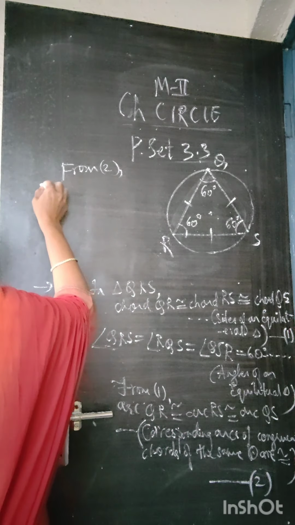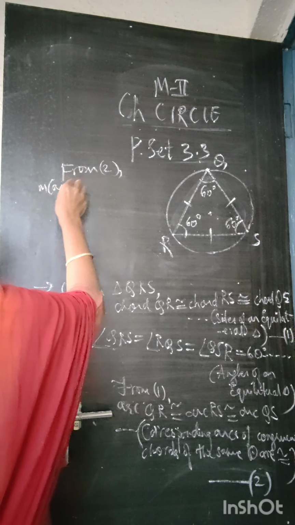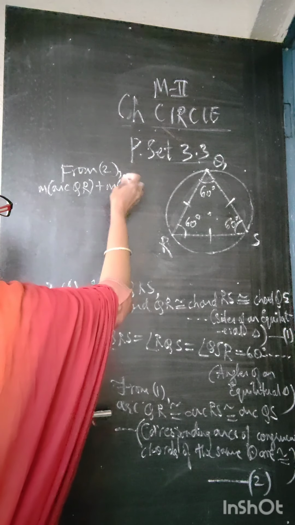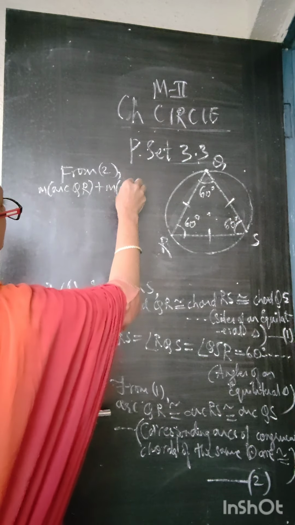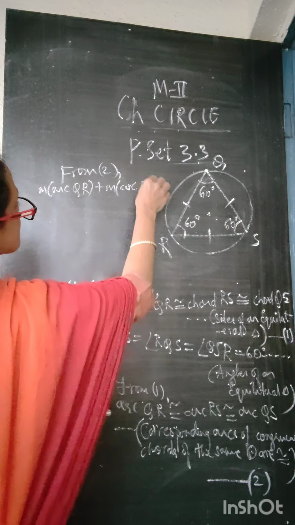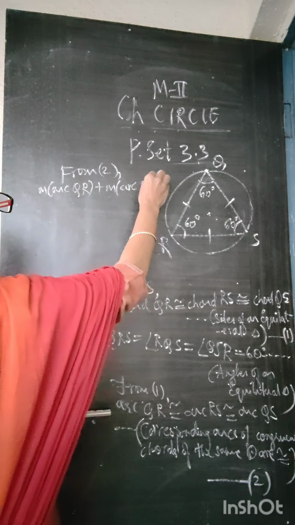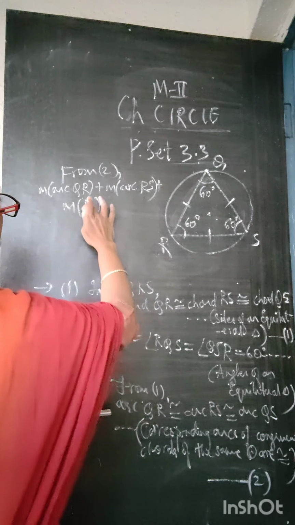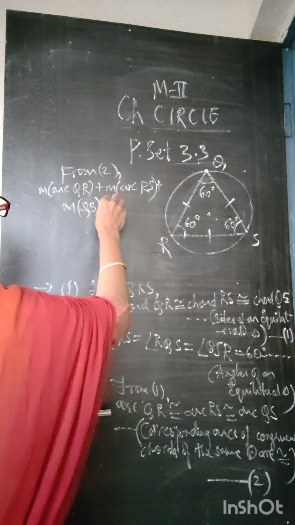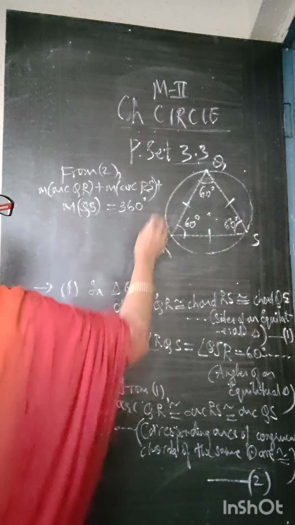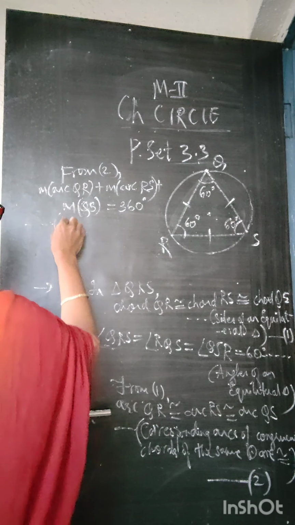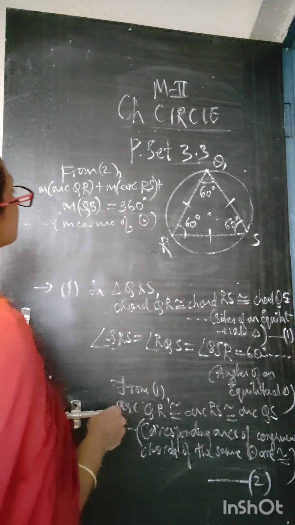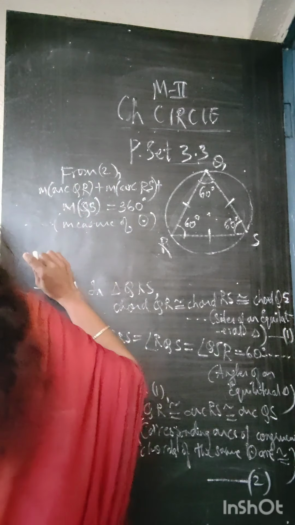That measure of arc QR plus measure of arc RS plus measure of arc QS is equal to 360 degrees.